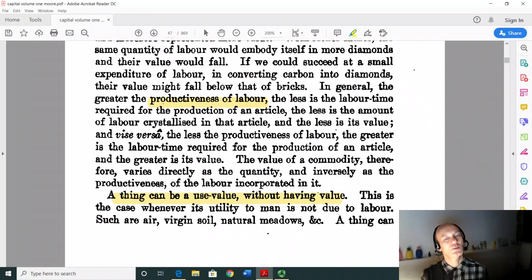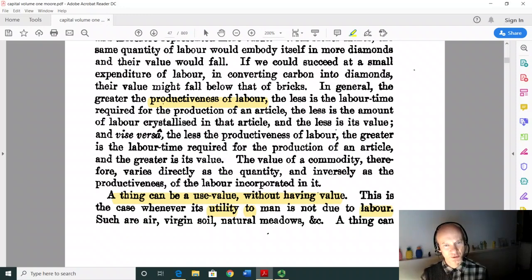That is the case whenever its utility, its usefulness, is not due to labor. For example, I'm sure you can think of some examples, but the examples are coming here right away. Air would be the most obvious example.